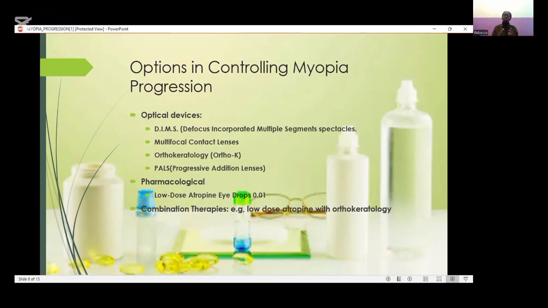And then we have combination therapies. In most cases, the methods are combined based on effectivity, and these methods can be changed. For instance, atropine is rarely used alone. It will be used in combination with an optical device, maybe the DIMS lenses, the defocus incorporated multiple segment spectacles, or with multifocal contact lenses.